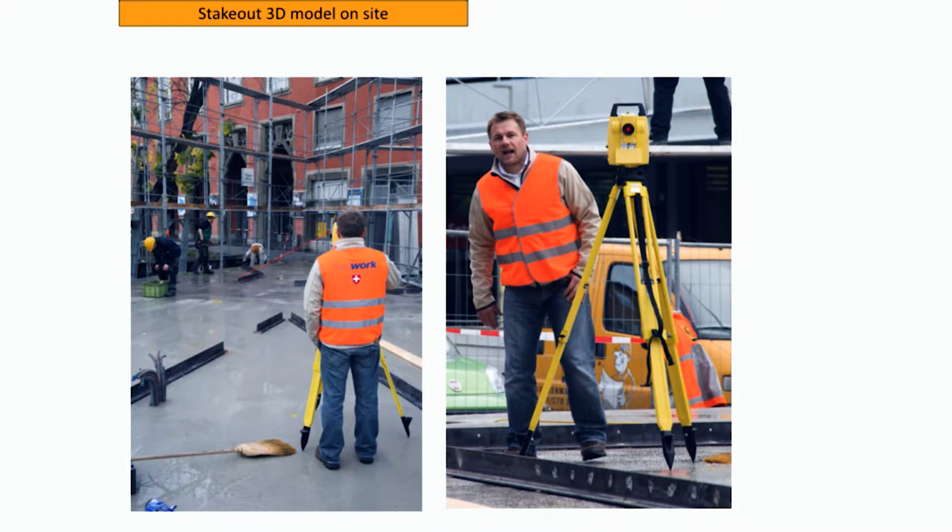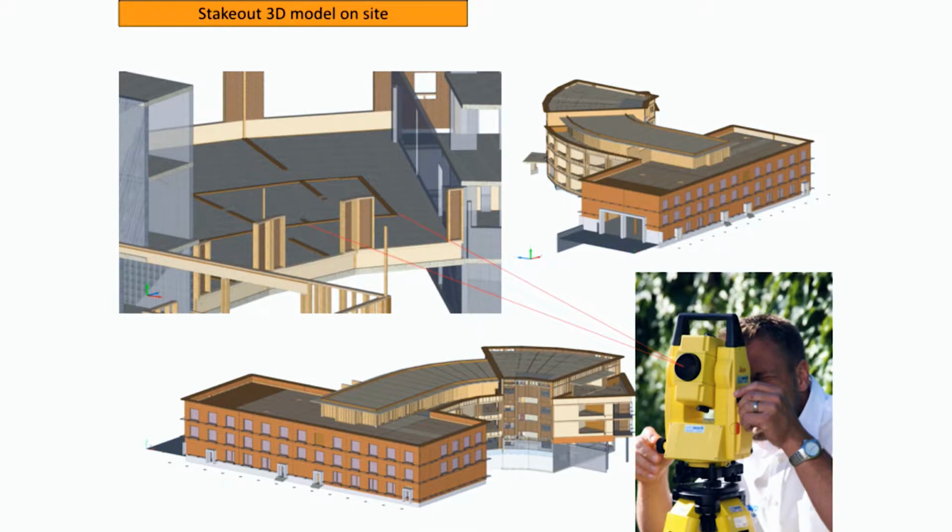So you blow all the points from your CAD system directly over this total station on site with an absolute precision. Here we are talking about 1 angle second. That means in about 100 meters you are in a precision of 3 millimeters. So very, very precise.